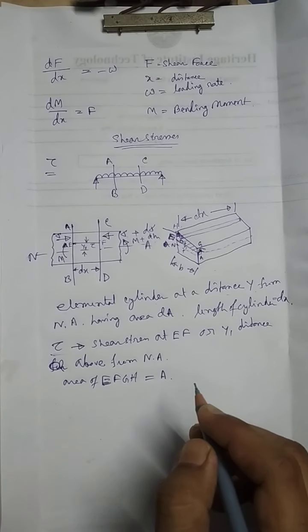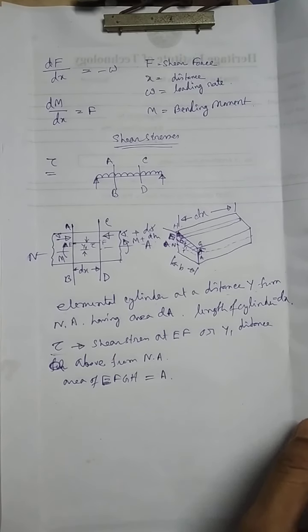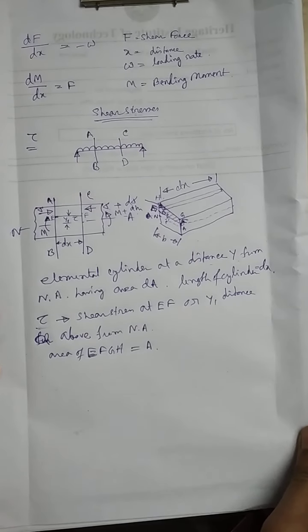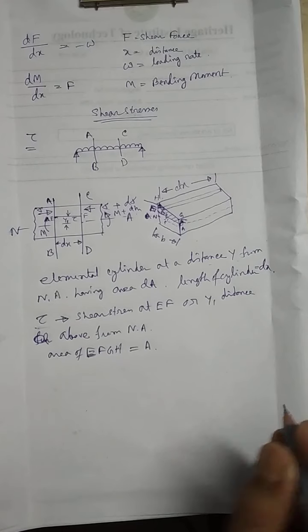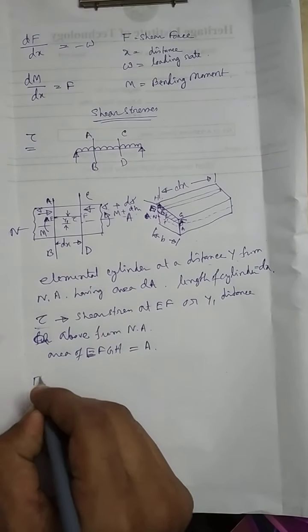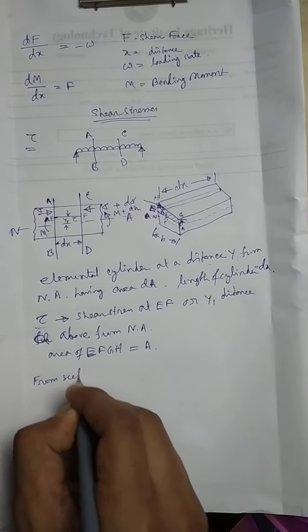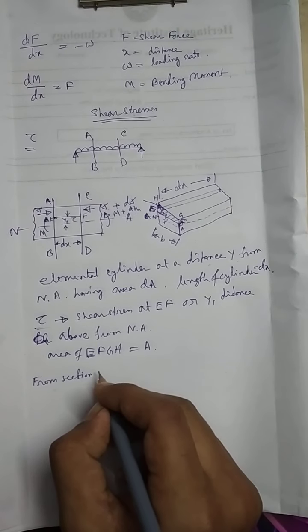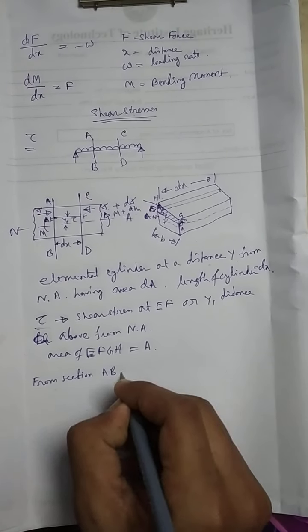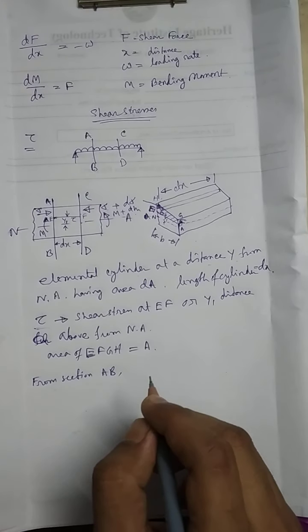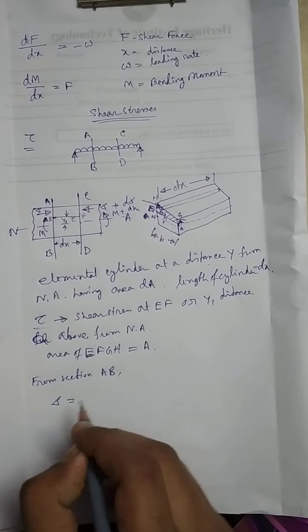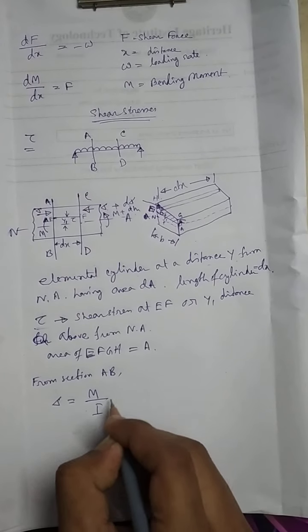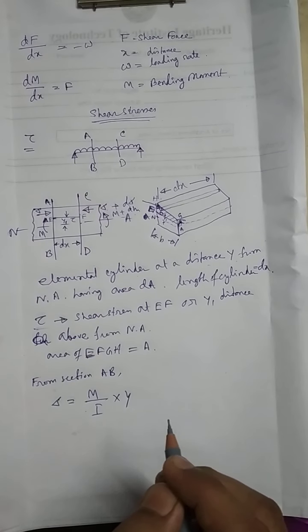Now if we look at section AB, then for this elemental cylinder, sigma is equal to M by I into y.